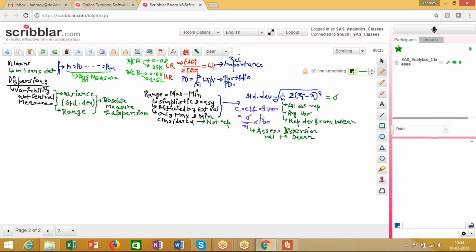So the coefficient of variation is a very important relative measure of dispersion, and hence it is called the relative measure of dispersion.